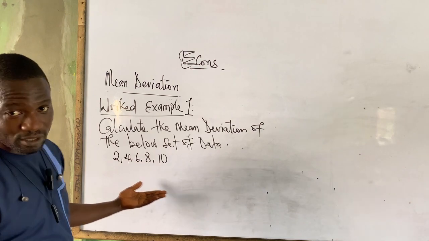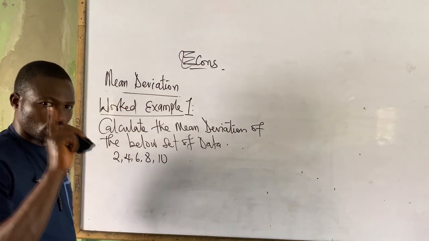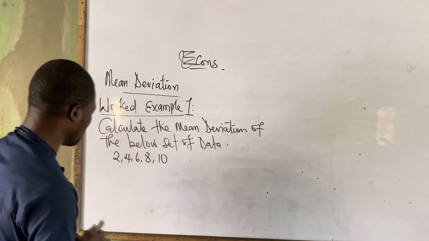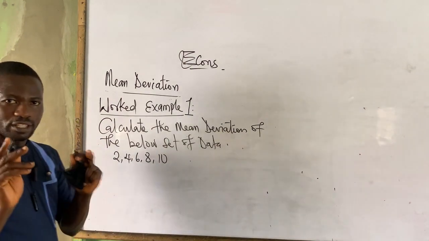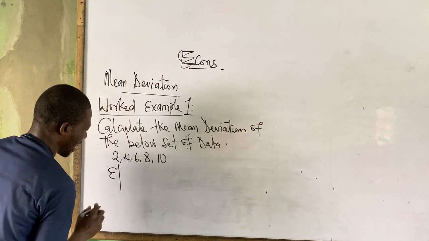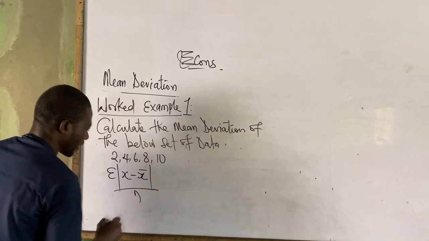When you look at the data, you will notice that each data appears just once. And when each data appears once, it means we are going to use the ungrouped data formula, which states summation |x minus bar x| all over n.